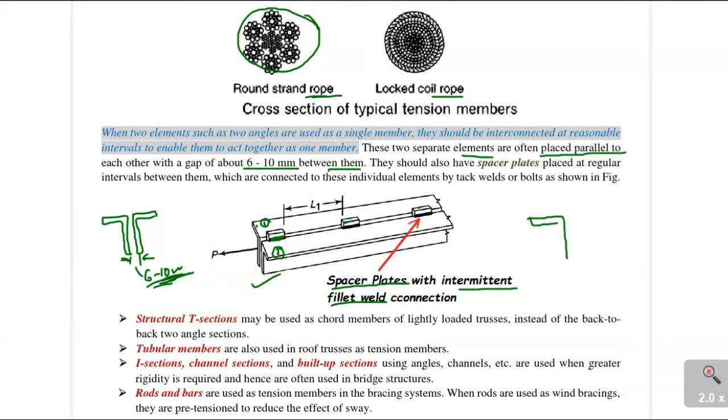You can join these two angle sections by using a gusset plate, and these are joined by welding or bolting, and this gusset plate holds these two angle sections together.